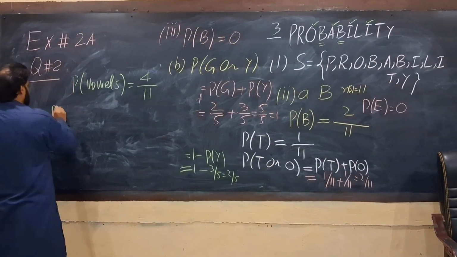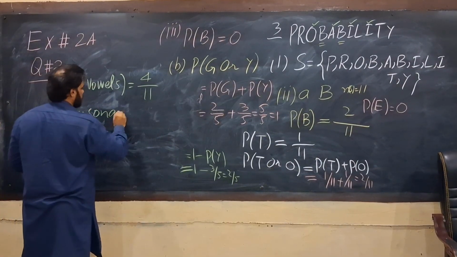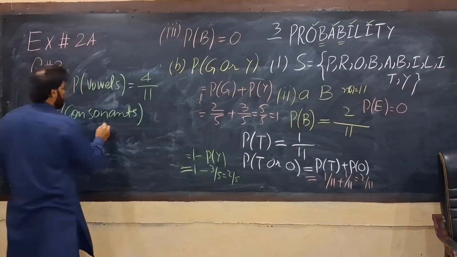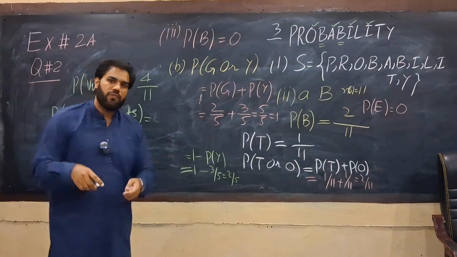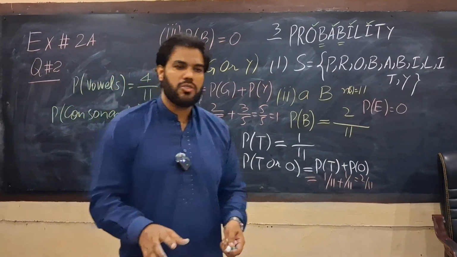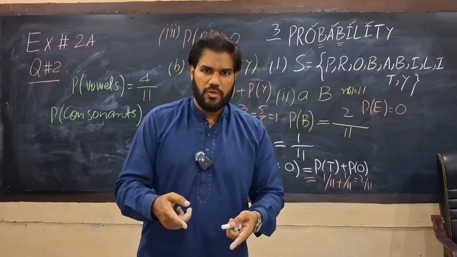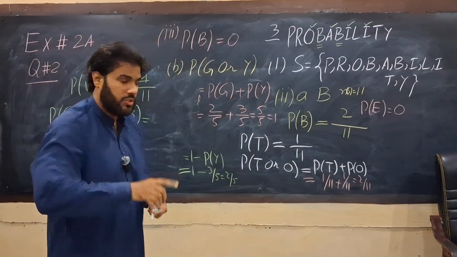Next one is the probability of consonants. You can find it in 2 ways. The first way is the complement, because when you say the letter is a consonant, it means it is not a vowel. So we have to find the probability of not vowel. Not vowel means consonants.